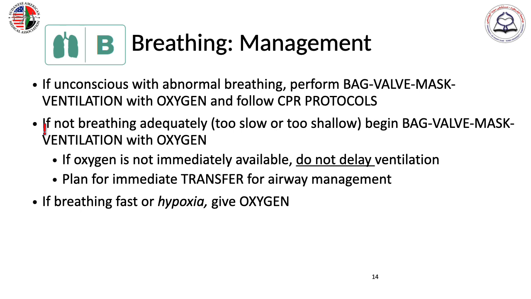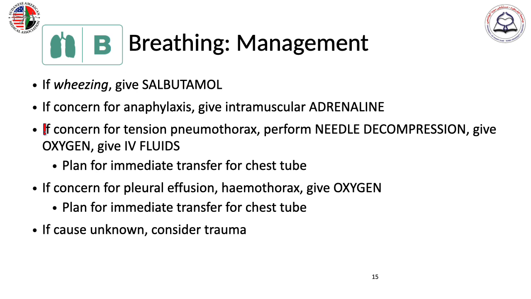In case you are working in an area where there is no oxygen or oxygen is not immediately available, you can use a bag valve mask with room air and plan for immediate transfer with appropriate airway management. And if the patient is breathing fast and hypoxic, give him oxygen. If you discover wheezes during auscultation, then there is airway narrowing, use salbutamol. If there is concern of anaphylaxis because of a swollen lip, tongue, and stridor, use adrenaline.